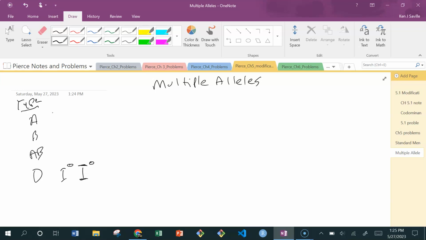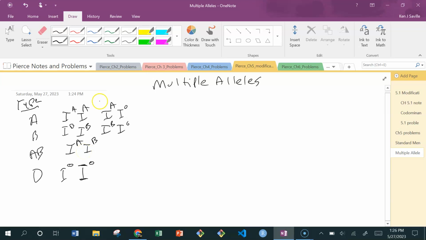So that means if you have type A blood, you can have two A alleles, like we talked about before, or you can have an A allele and an O allele. For B, you can have two B alleles, or a B allele and an O allele. AB, there's only one way to get AB, and that's if you have both alleles.